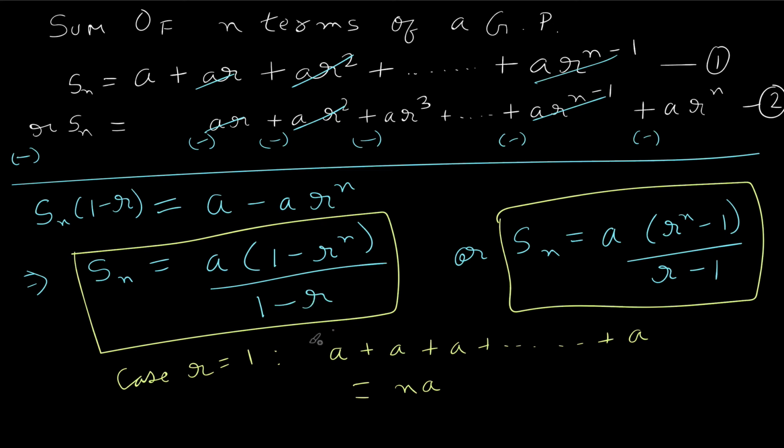So in the case of r equal to 1, you use your common sense, which you should never lose in between all the formulas. You are just adding a n number of times and you get na, and the formula applies when r is not equal to 1.